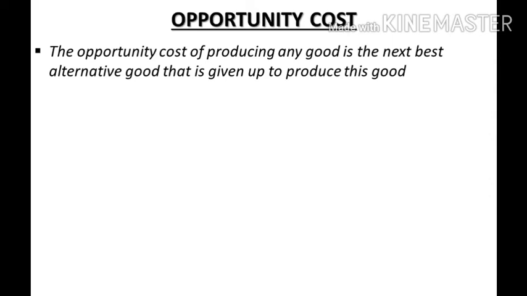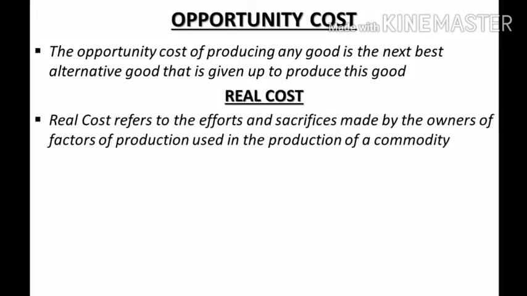Then the next concept of cost is real cost. Real cost refers to the efforts and sacrifices. Now this is somewhat different from the material aspect. Real cost refers to the efforts and sacrifices that are made by the owners of factors of production used in the production of a commodity. For example, labor has to put physical and mental efforts in doing a work.